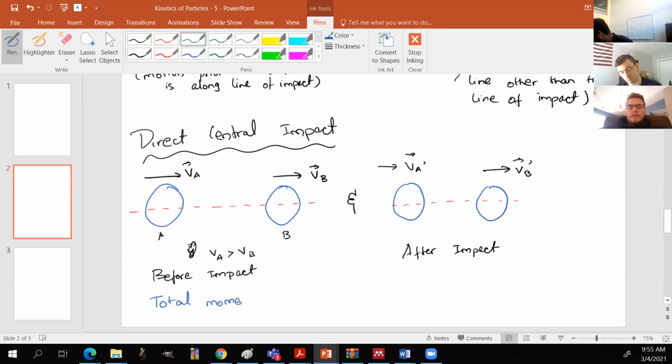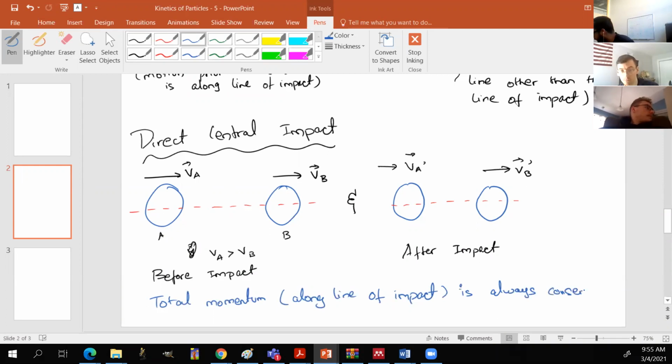So total momentum along line of impact, right, is always conserved. Right, and you might ask the question, why is that the case?